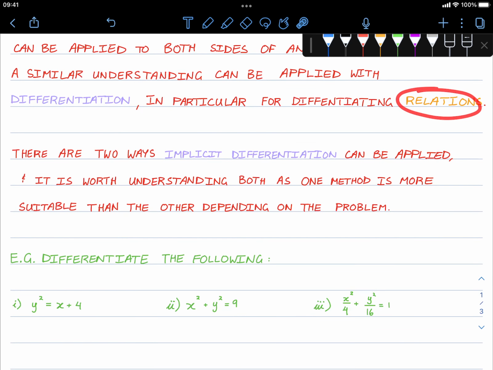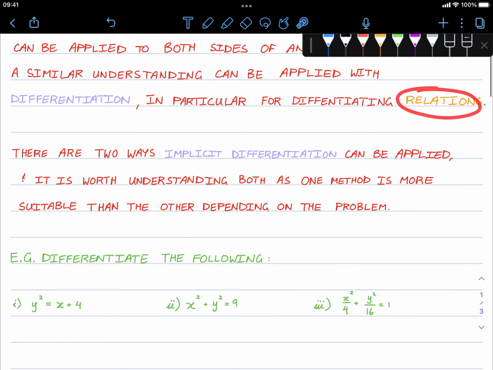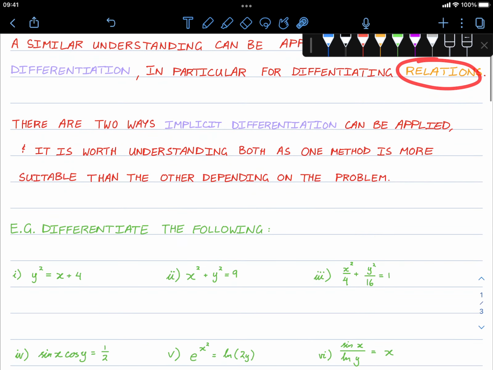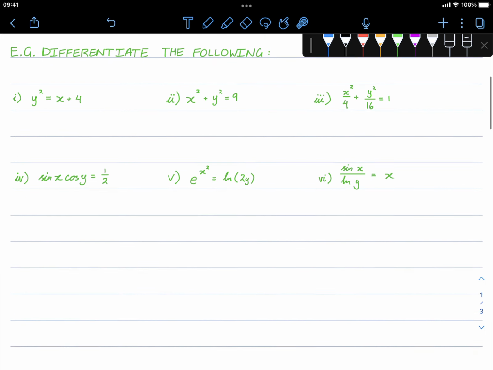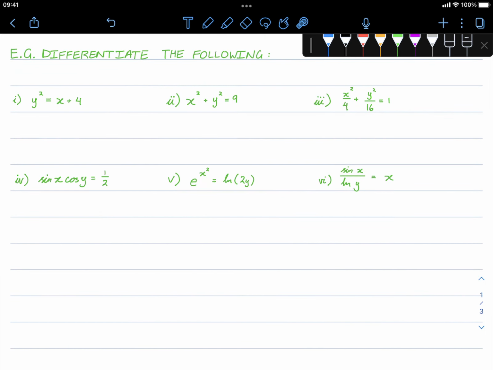So the idea here is that, using implicit differentiation, we can learn to find the derivative of relations. If you take a look at these, you'll see that some of them are really wacky. Take a look at this one, sine x cos y equals half.